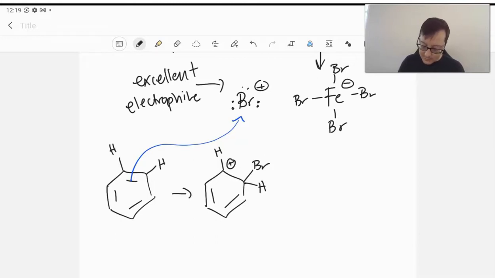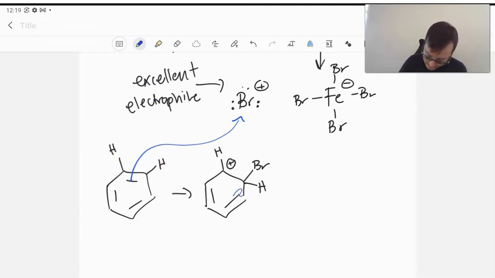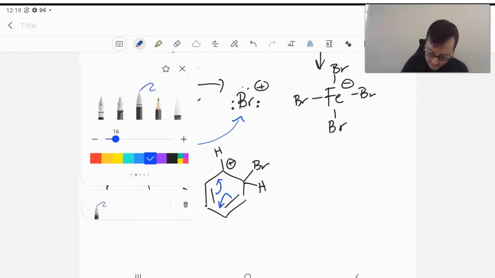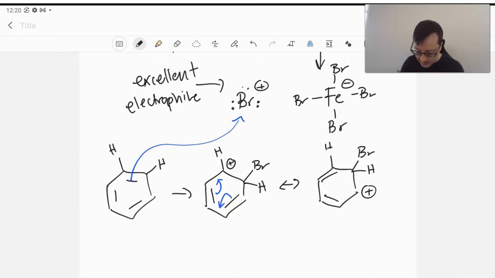And interestingly, of course, because this is now an allylic carbocation, we can have resonance happen. We can resonate our carbocation around, thereby stabilizing it, which is going to help out in this process. So we've moved our double bonds. We now have our positive charge over here.